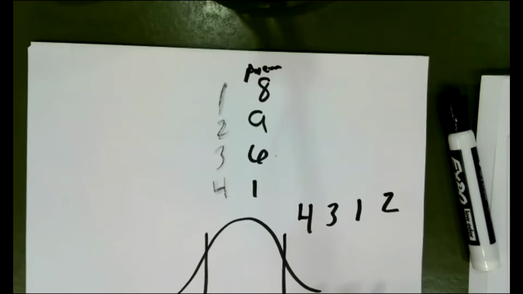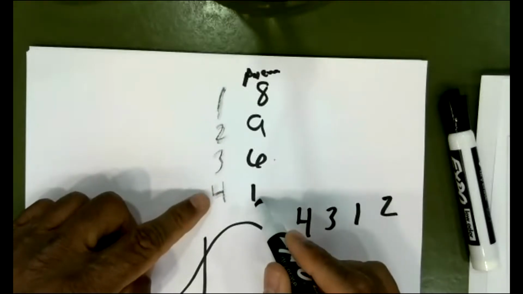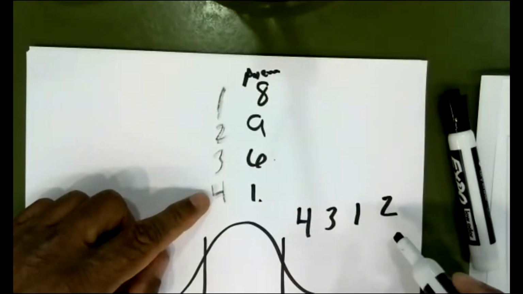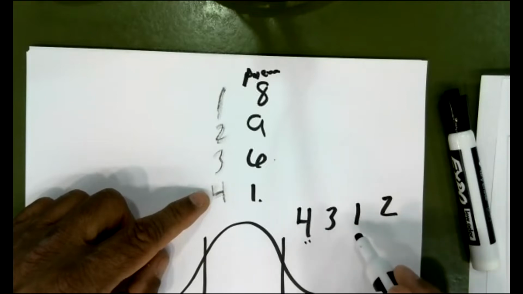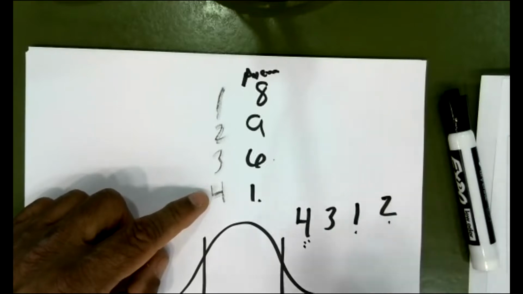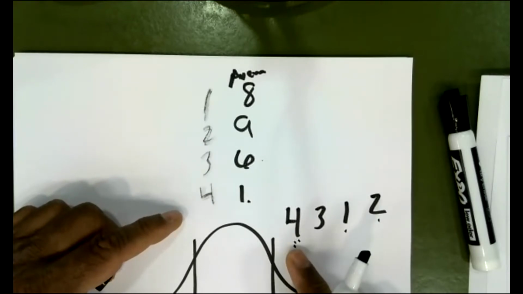When I compare them, the Tukey-Kramer is going to say 4 is different than 3, 4 is different than 1, and 4 is different than 2. Okay, so that is statistically significantly different.